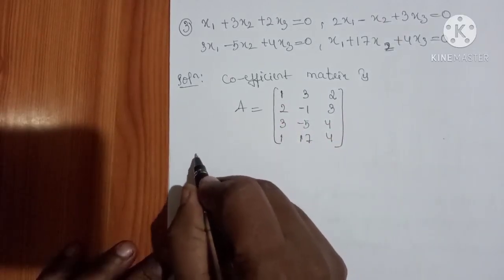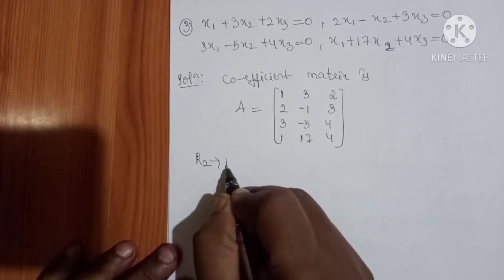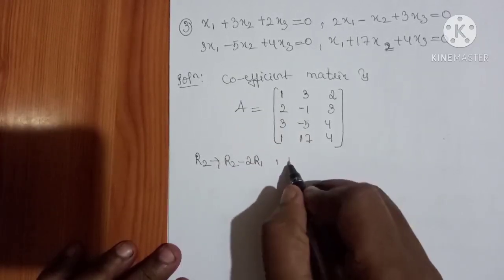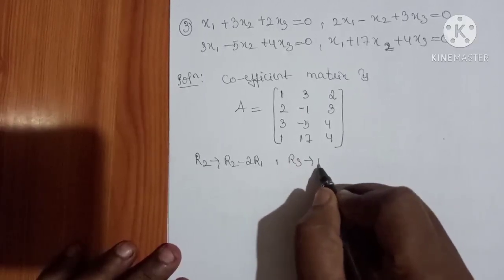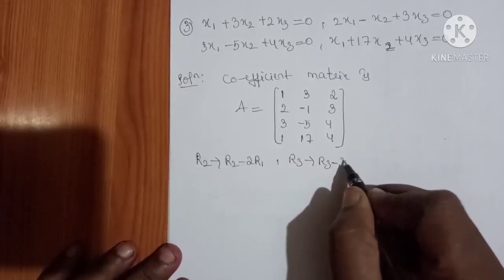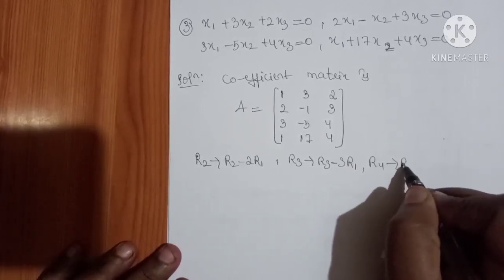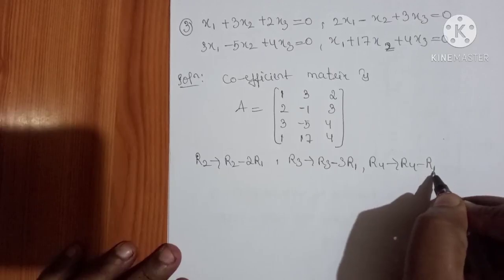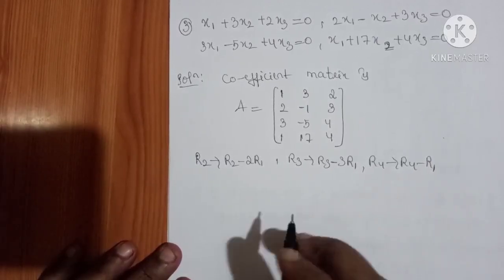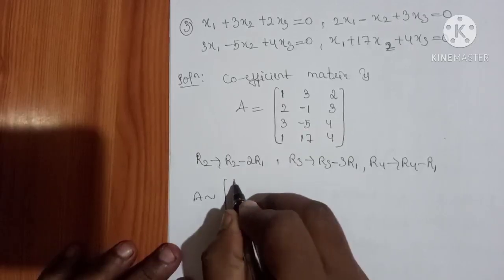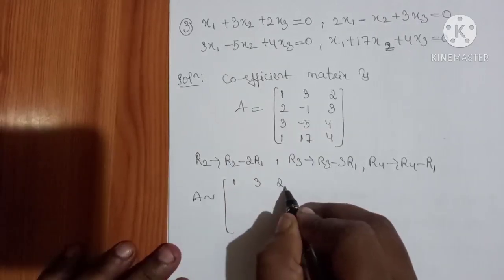For that we apply the operations R2 equals R2 minus 2 into R1, R3 equals R3 minus 3 into R1, and R4 equals R4 minus R1. Now applying these operations we get A equivalent to first row as it is, 1, 3, 2.